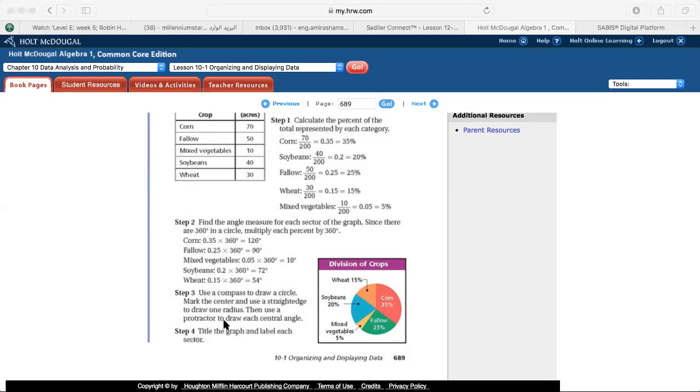Then use a protractor to draw each central angle. Girls, you're going to bring a compass to draw the circle. You put here the center of the compass and draw a circle, any circle with any radius. Then use a straight edge, which is a ruler.